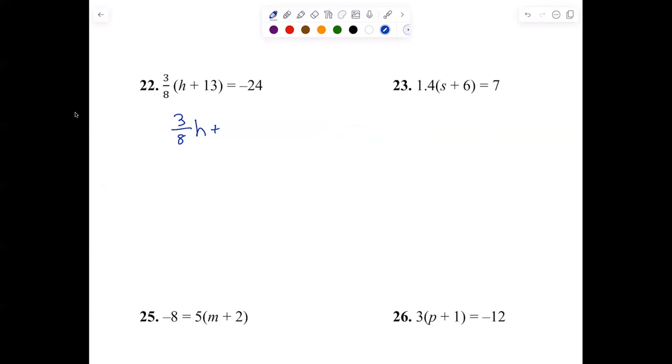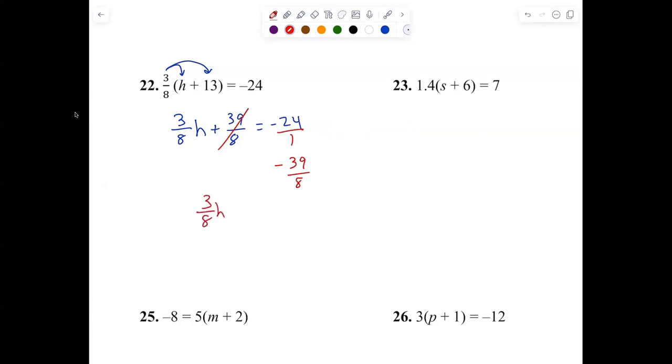Three times 13. Yeah. 3 times 10. Yes, you're correct. And then, so now we have to do what? Yes, very good work. And don't forget, we make this over 1.